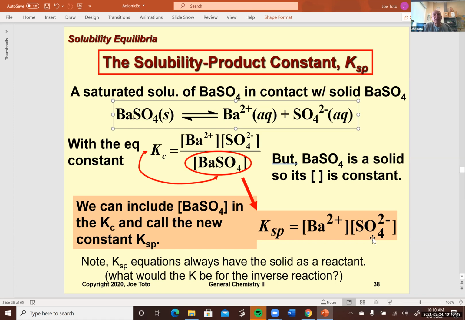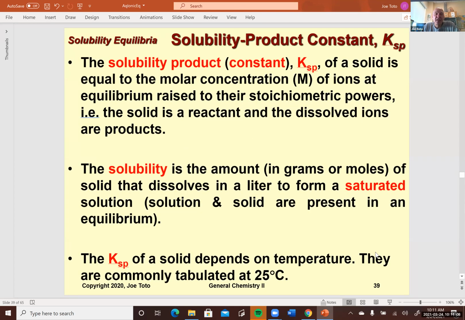All right. So there's very little difference from the equilibriums that we've dealt with so far. Now it's just a solid. Now, why do they call it the solubility product constant? No one ever really says why, but I think it's related to the definition of the Ksp in terms of solubility. So what is solubility?